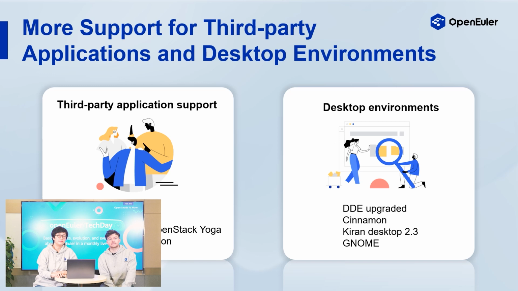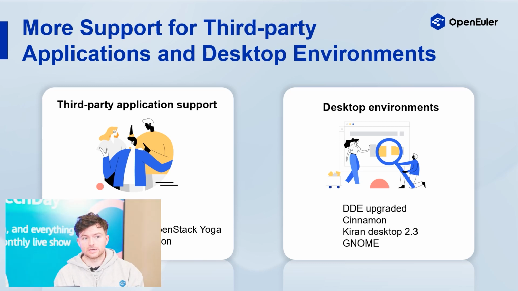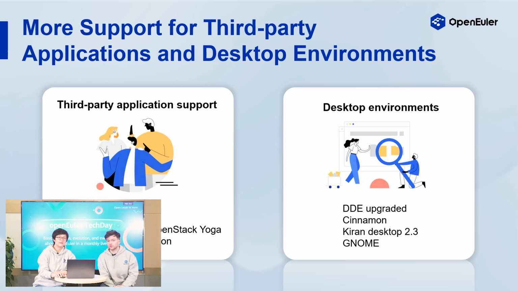Also supported is the Cinnamon desktop environment for file management and the control center. Most importantly, openEuler now supports Kirin 2.3 for the control center plugins and volume, while network settings and Qt theme plugins are now available.